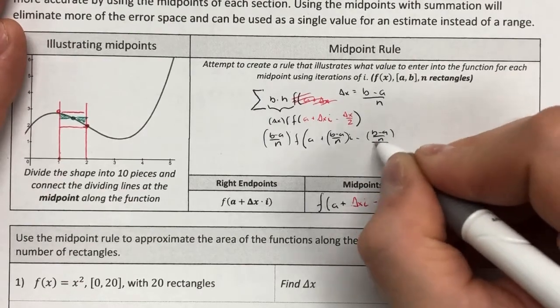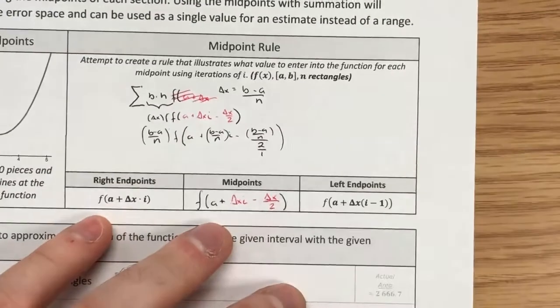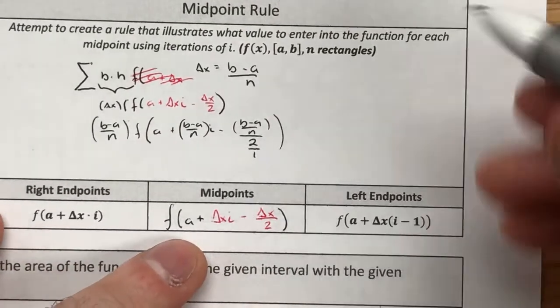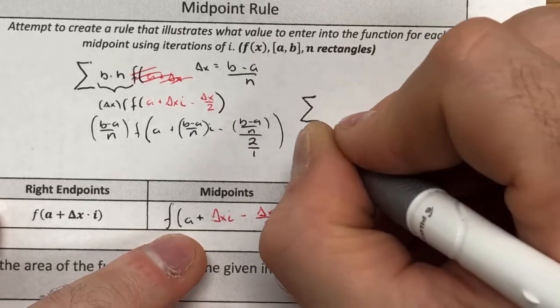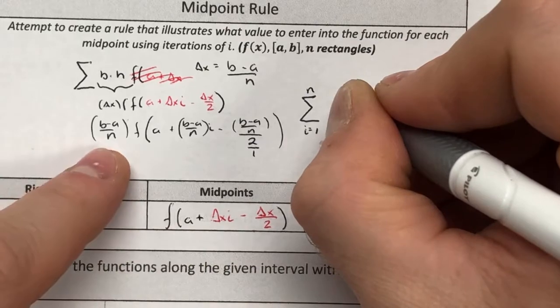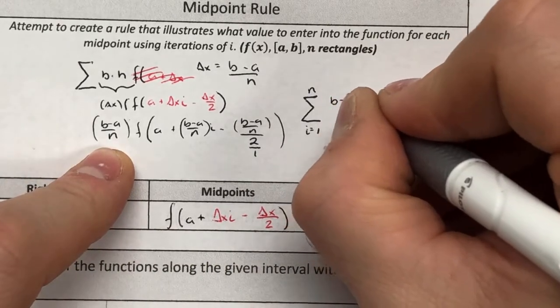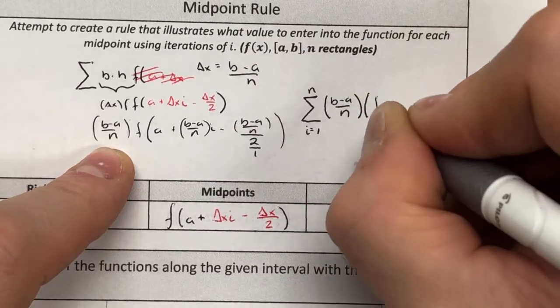And so I know that if I turn that into a fraction and flip it, I'm going to have my final equation right here, which is going to be the sum from i equals 1 to n of b minus a over n times f.